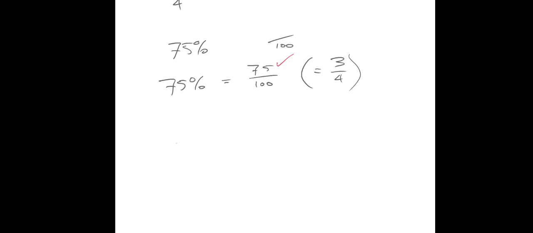And let's do another. Let's look at 1/8. What is 1/8 as a decimal fraction and as a percentage? Well, probably the best thing to do is to grab your calculator, and 1 divided by 8 is 0.125.